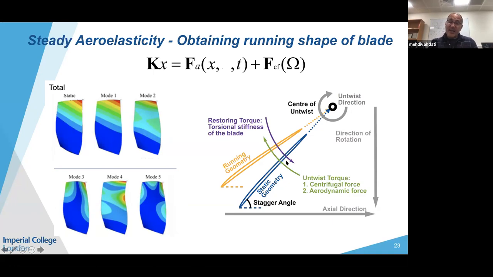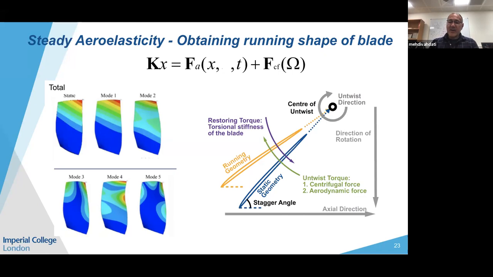The centrifugal forces and aerodynamic forces try to untwist the blade, and we have restoring torsional stiffness which tries to bring the blade back. Consequently we change the stagger of the blade and get a shape which is called the untwisted shape of the blade.